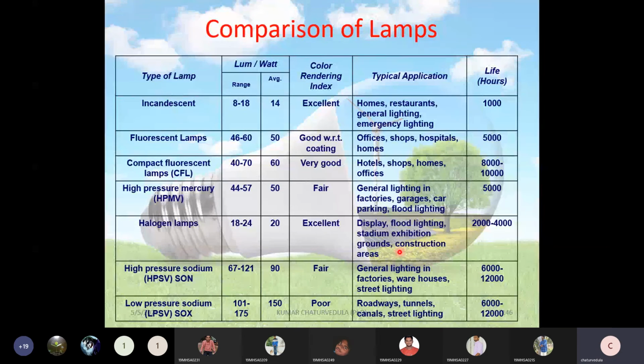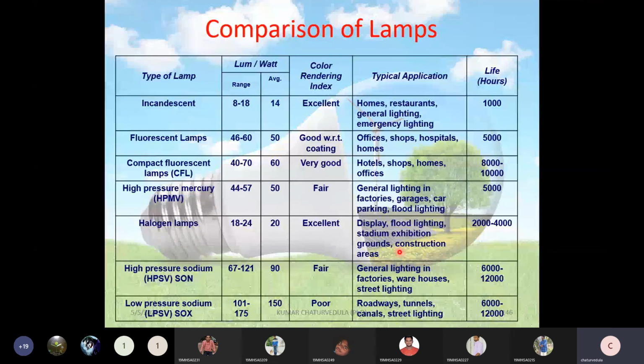A comparison of different lamps. Okay, so as I have mentioned here, in case of the incandescent bulb, their lumen per watt is in the range of 8 to 18. The average value is going to be 14. Their color rendering index, which means a representation of colors, is very good or excellent.